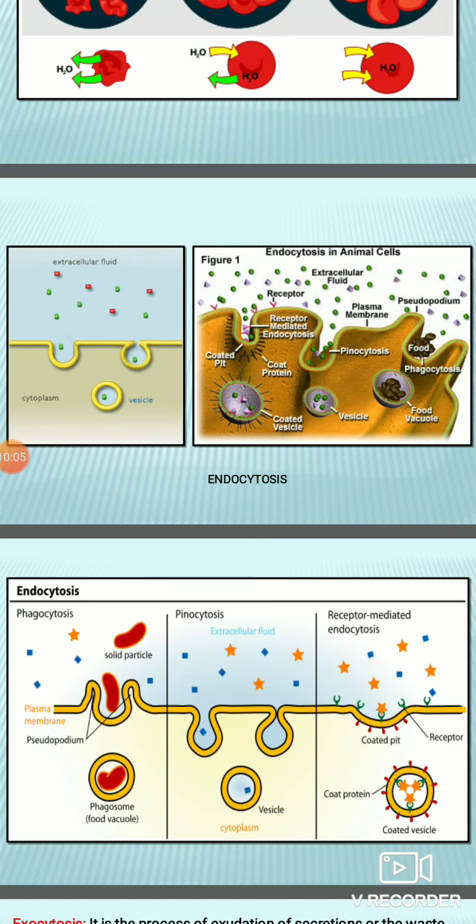Next is pinocytosis, where any fluid substance entering inside the cell forms a vesicle. And the third one is receptor mediated. With the help of receptors, large molecules such as proteins enter the cell, and those form a coated vesicle which has coat protein on its outer surface. So this is all about the types of endocytosis explained with the help of diagrams.